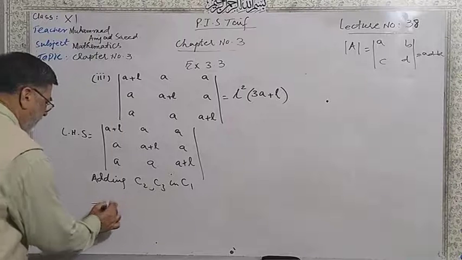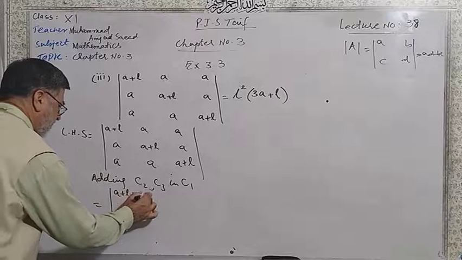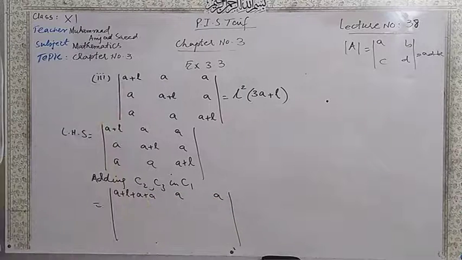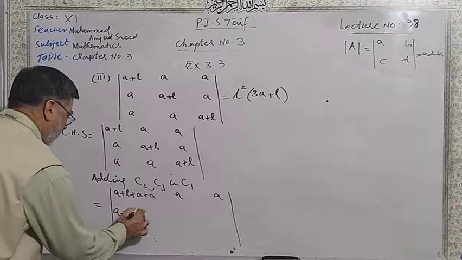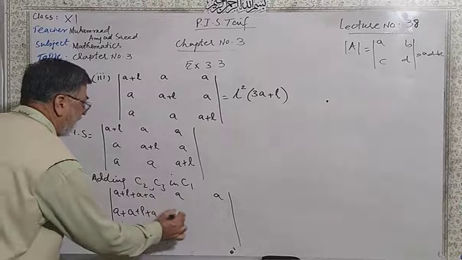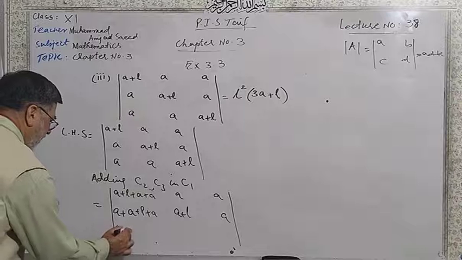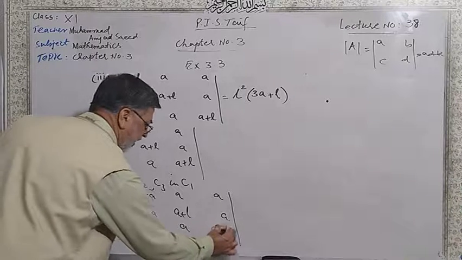Then we will have A plus L plus A plus A, then A and A. Remember that we are adding C2 and C3 in C1. C2 and C3 they will remain as it is. Here is A plus L plus A plus L and A. Then again A plus L, A and A plus L.